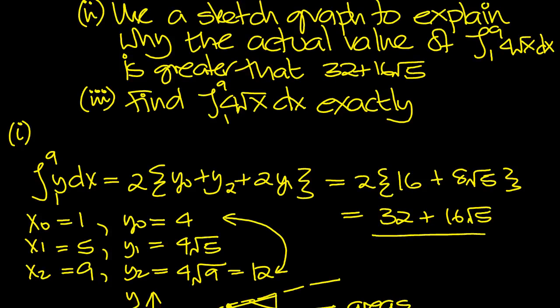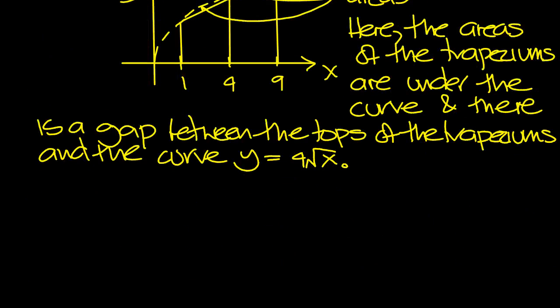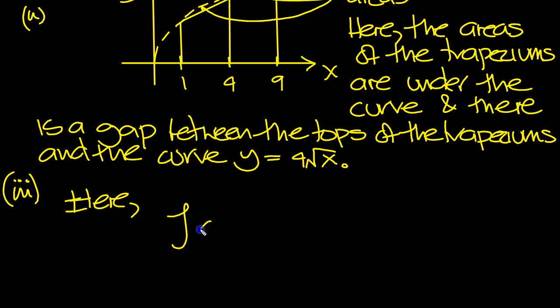So part 2 is done, and then find this exactly. So part 3. Here the integral of 4 root x is 4x to the half, between 1 and 9, is equal to raise the power by 1 and divide by that number.